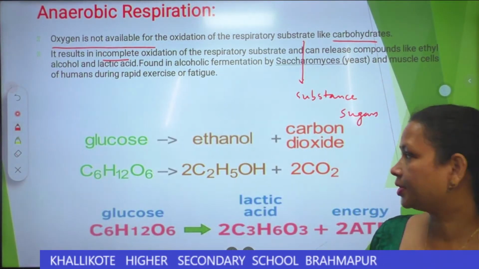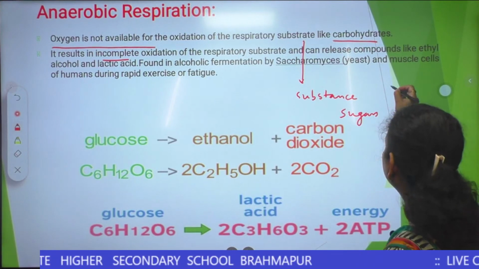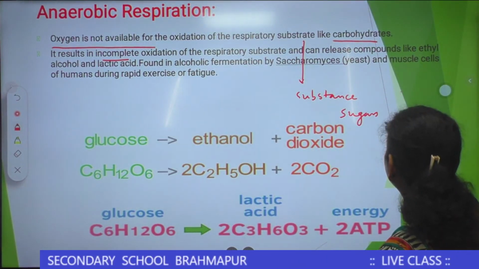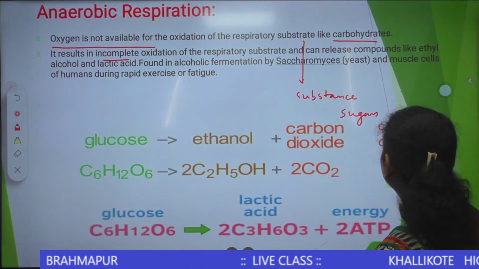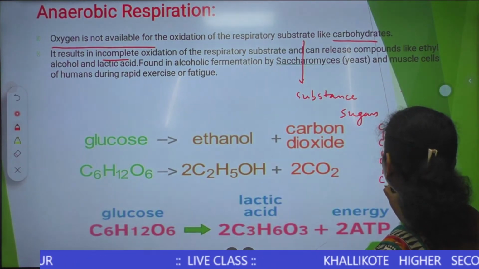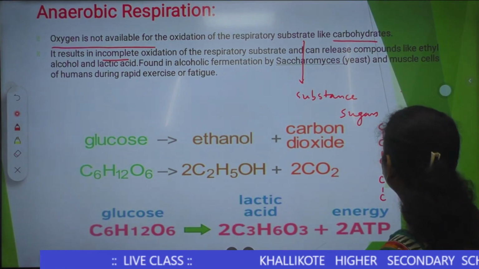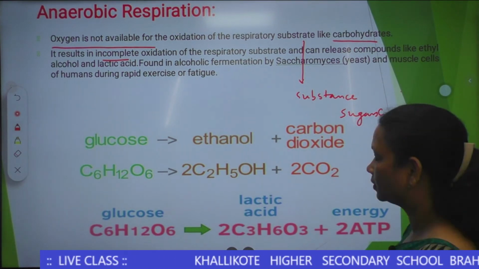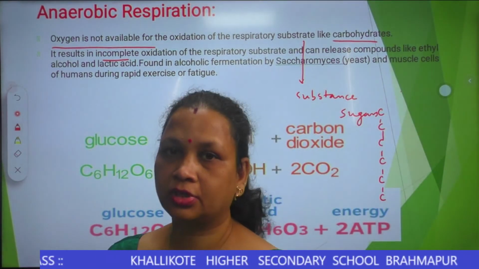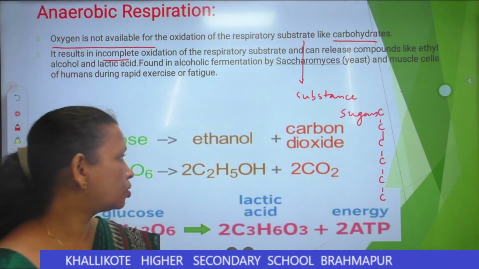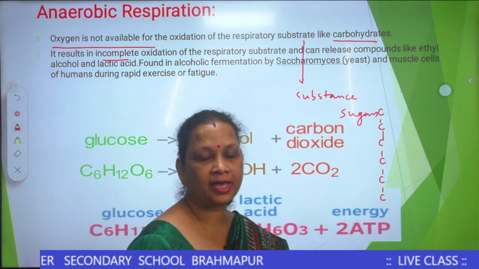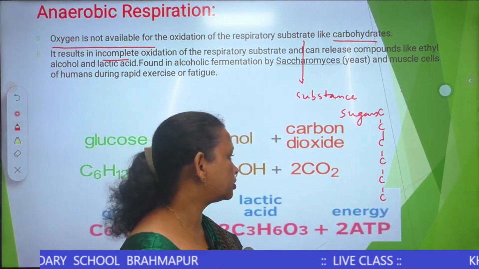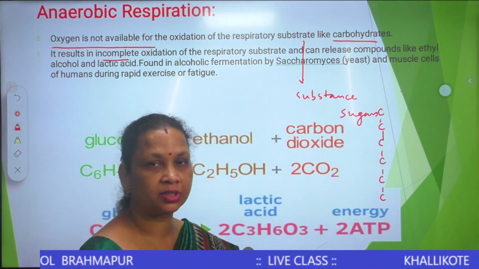Suppose we take the 6-carbon sugar glucose. It is a hexose sugar, or an aldose sugar, with 6 carbons.